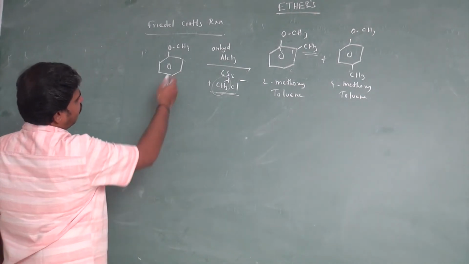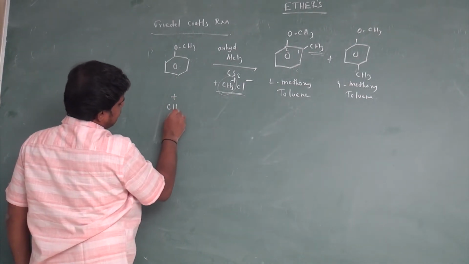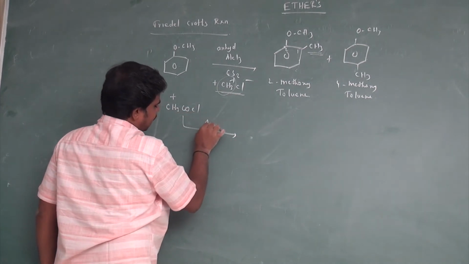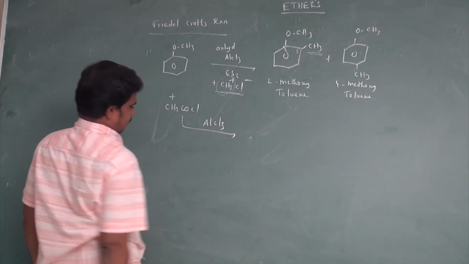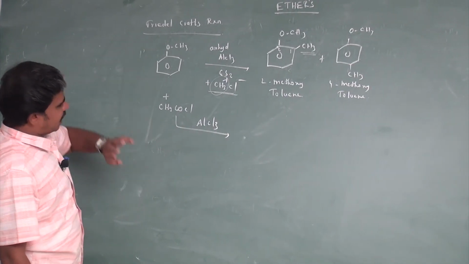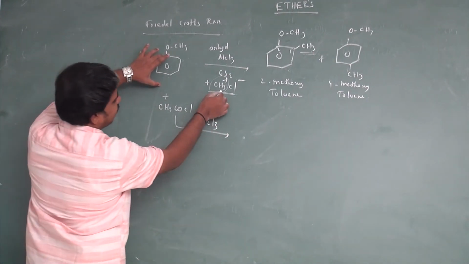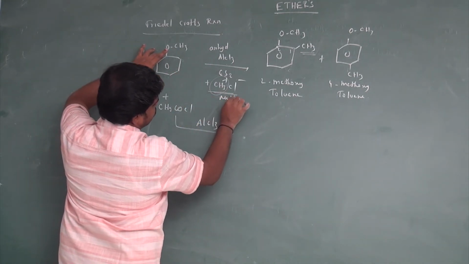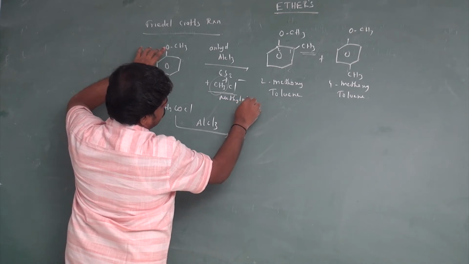The same way, when it is treated with CH3COCl in the presence of anhydrous AlCl3, it is also a Friedel-Crafts reaction. A methyl group is attached, so we know that it is methylation.